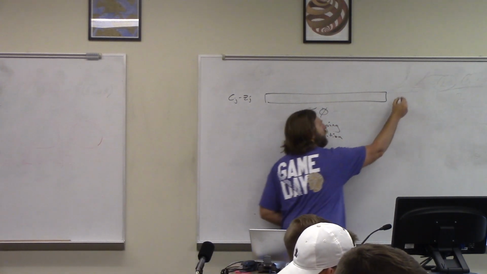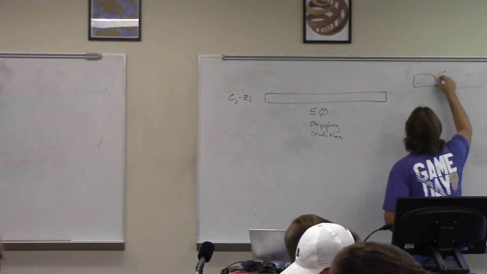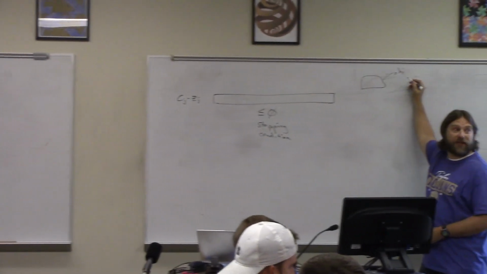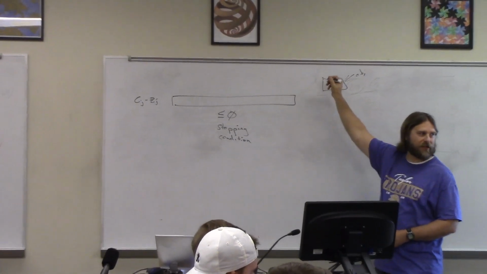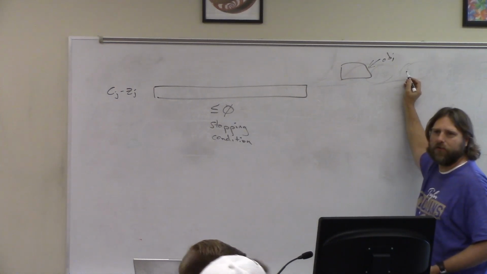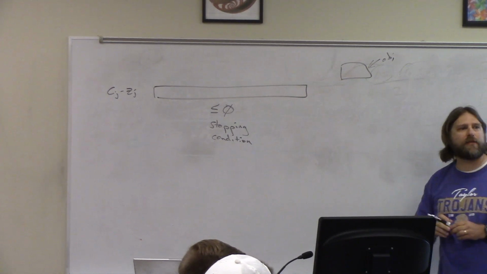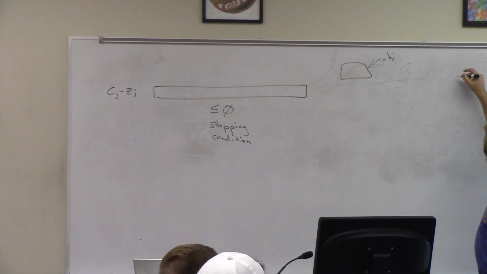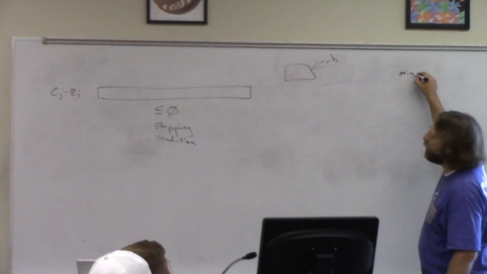The reason why I said your objective value, let me be more specific, the value of your objective function at this iteration in the simplex method, this can be any value when you stop. The reason why that's true is to think about how we handled doing a minimization problem.